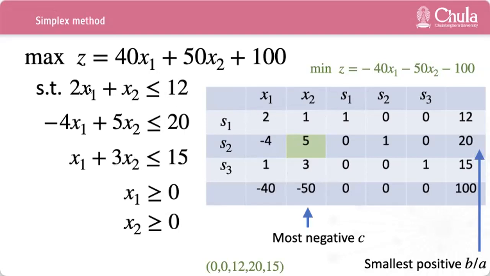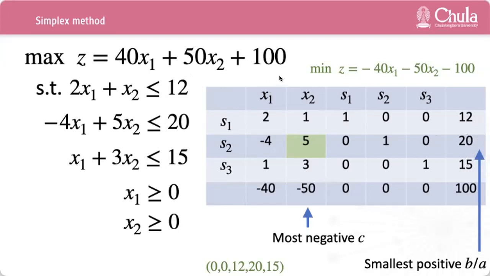And this is 2, 1, and this is minus 4, 5, and 1, 3. On the right-hand side, all values are non-negative: 12, 20, 15.